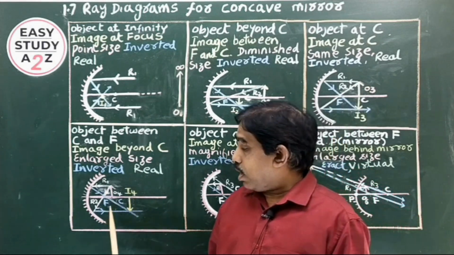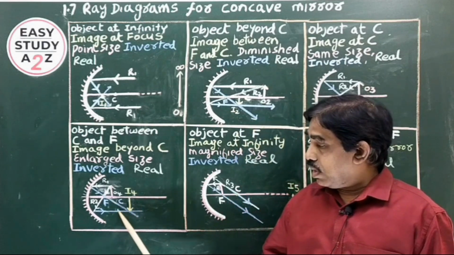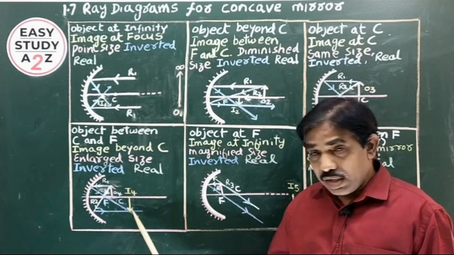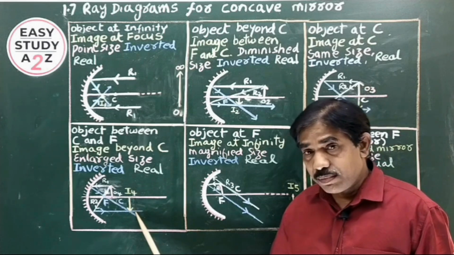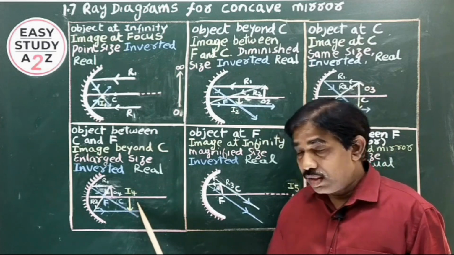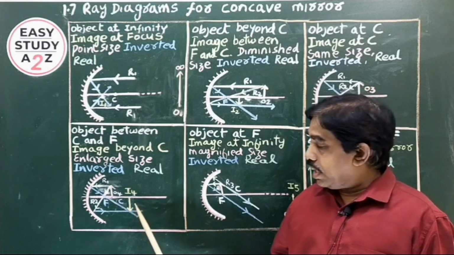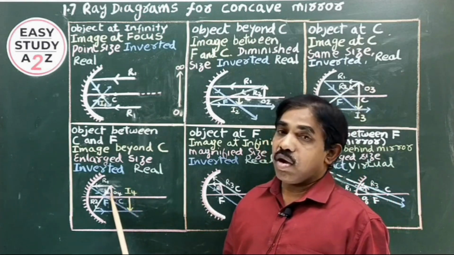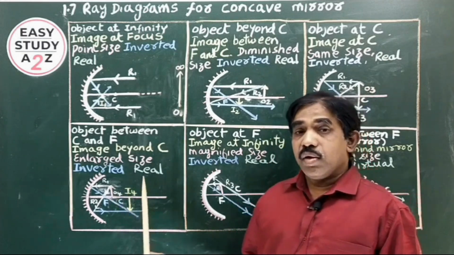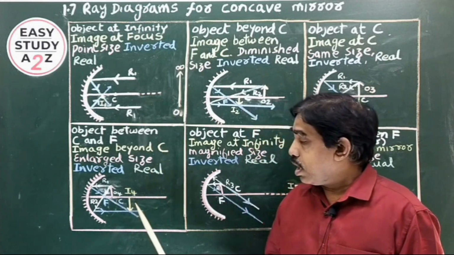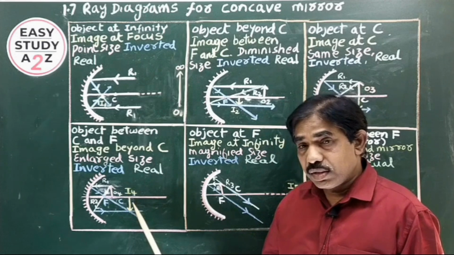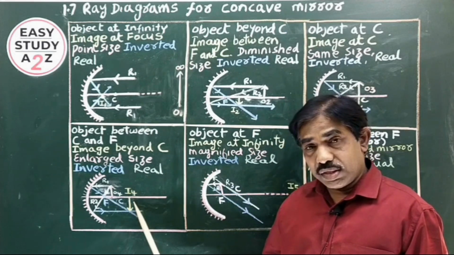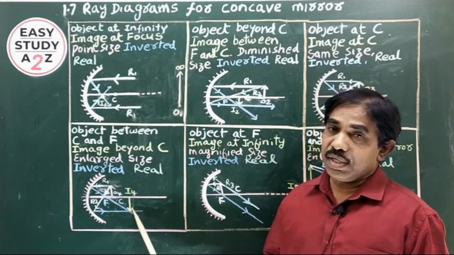Now here, due to the intersection of these reflected rays, we get an image. The image is inverted. The image is a little bigger than the size of the object. So here we get an inverted image, an enlarged image, and a real image.